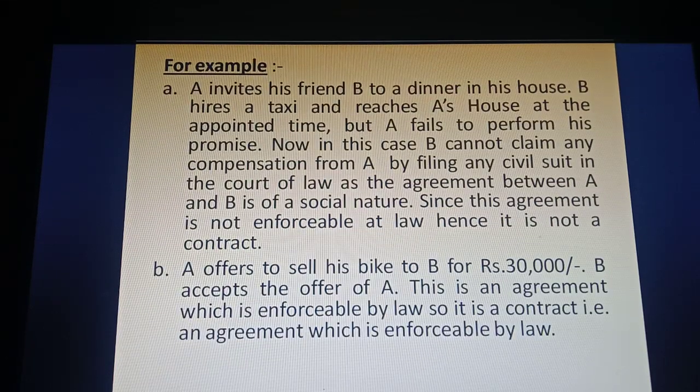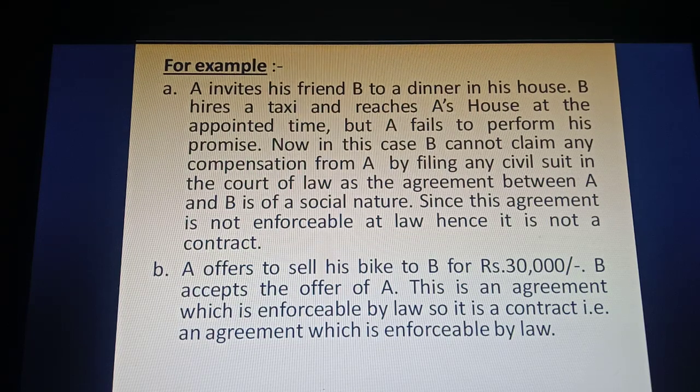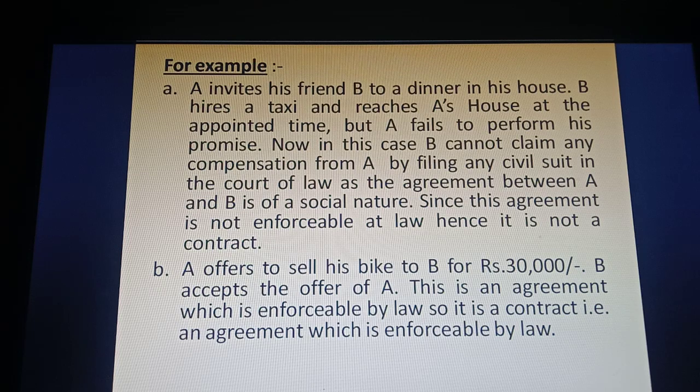Now this point of enforceability by law can be made clear by these two examples. Let us take the first example. A invites his friend B to a dinner in his house. B was very happy that he will take his dinner that night in the house of A. B, in his happiness, hires a taxi and reaches A's house at the appointed time.